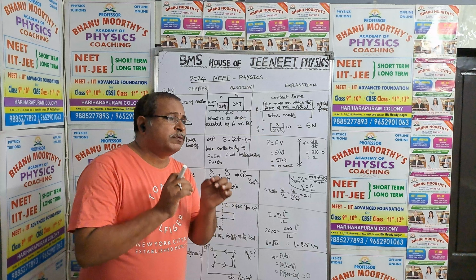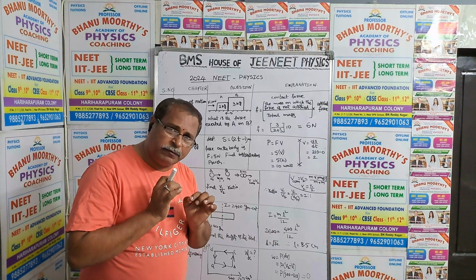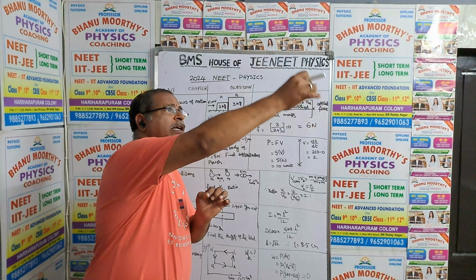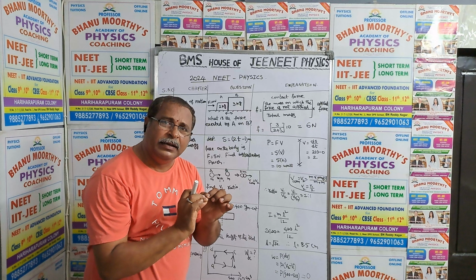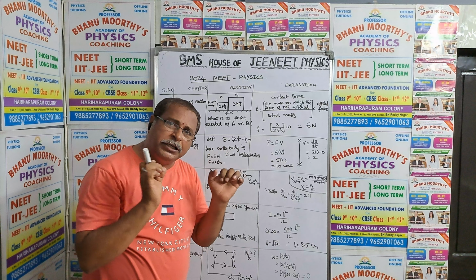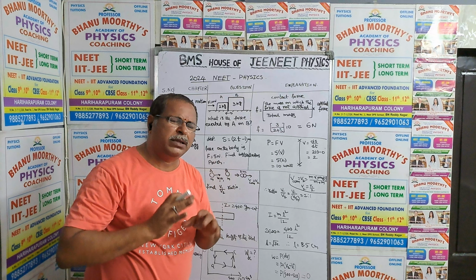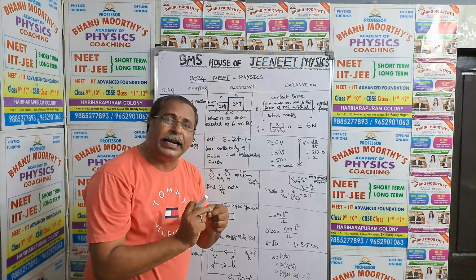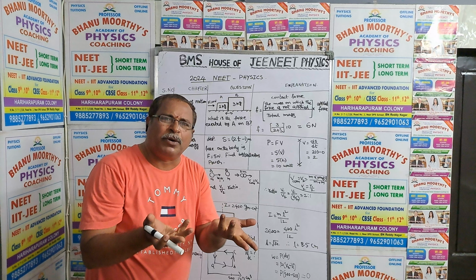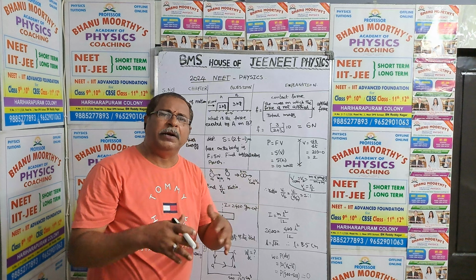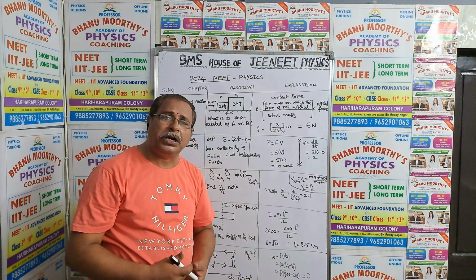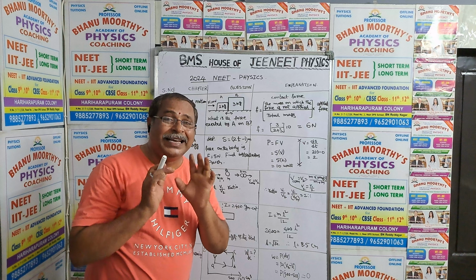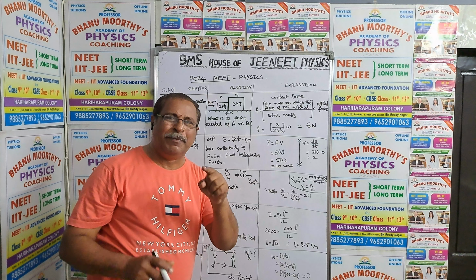If a system starts from one state, from the first point, then comes back after different processes, so if it comes back to the same state, whether it may be a rectangular shape or triangular shape, whatever the path followed by the system, if it comes back to the same point again, that process is called a cyclic process. It may be a triangle, a rectangle, a circle, whatever it may be, it is a cyclic process. In a cyclic process, the change in internal energy is 0. This is the breaking point.